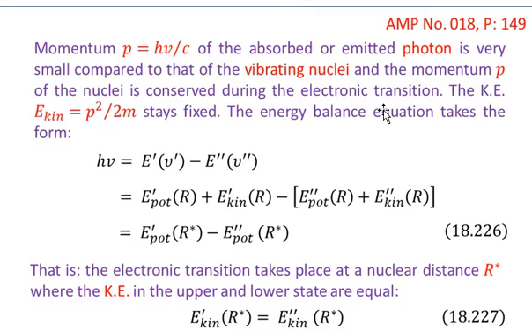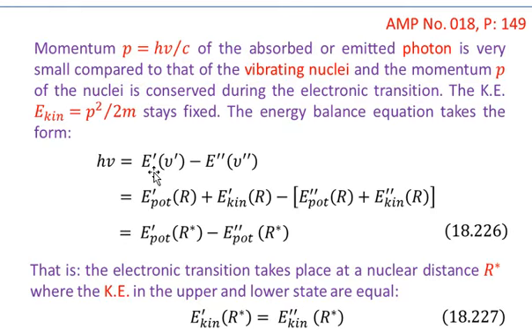The kinetic energy E kinetic, equal to p squared over 2m, stays fixed during the transitions. The energy balance equation takes the form: h nu, which is, for example, the emitted h nu, is equal to the difference in energies between two vibrational levels belonging to two different electronic states.